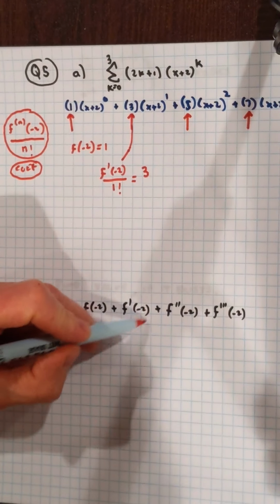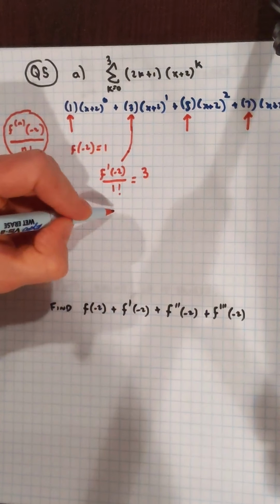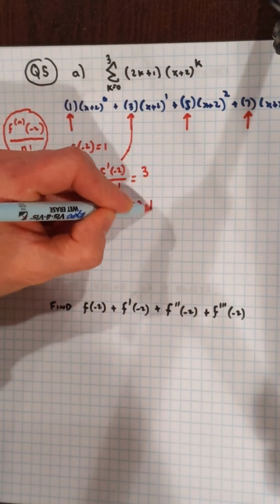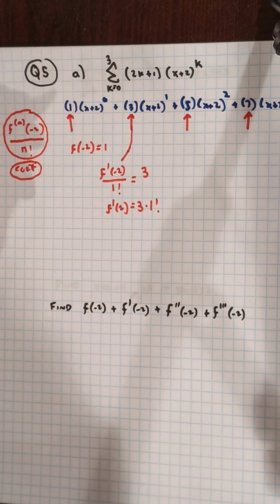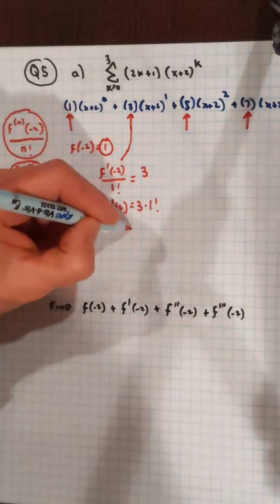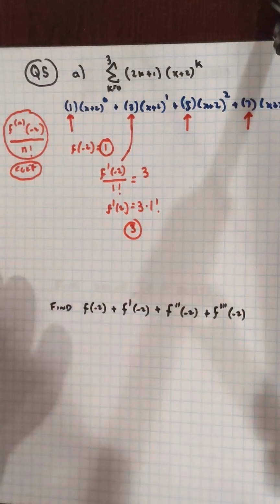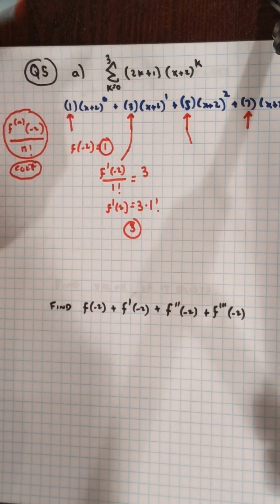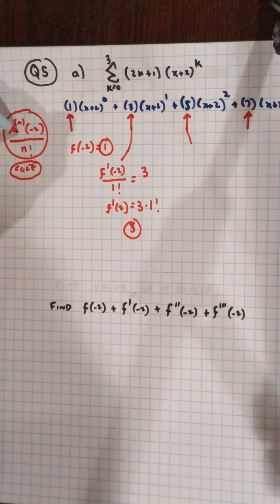So we need the derivative at -2. The derivative at -2 would be 3 times 1 factorial, because I'm just going to multiply both sides by 1 factorial. So I've got a 1 for the first one, I got a 3 for the second one. That's the coefficient. Now the coefficient comes from the derivative at -2 divided by the factorial.